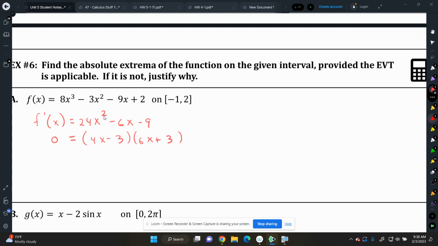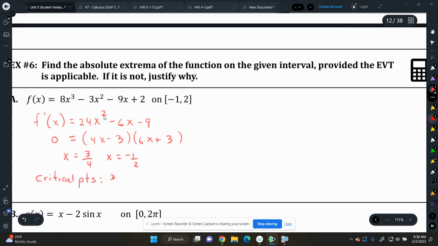Yeah, that works. So we have x equals positive 3/4 or x equals negative 1/2. I made life hard on myself because I didn't factor out the 3. Okay. All right. So my critical points are 3/4 and negative 1/2.